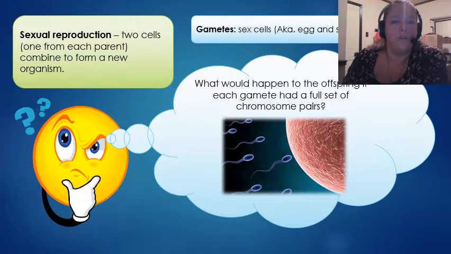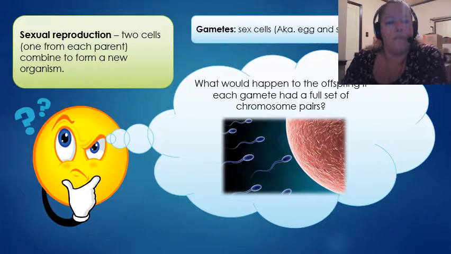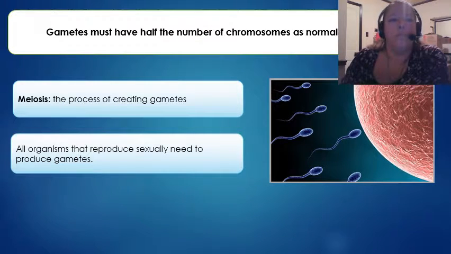So what would happen to offspring if each gamete had a full set of chromosome pairs? If each one had 46 chromosomes, then the resulting offspring would have how many? It's important that the gametes have half the number of chromosomes as normal body cells.